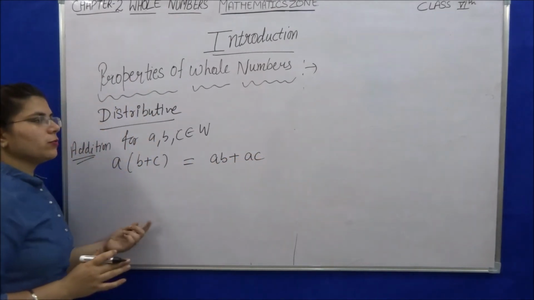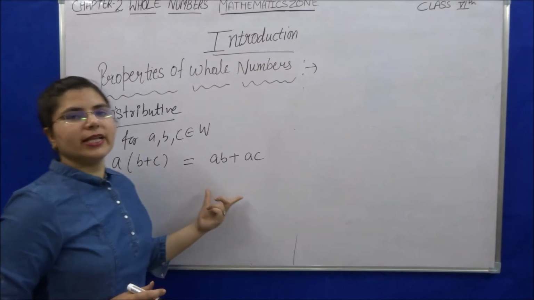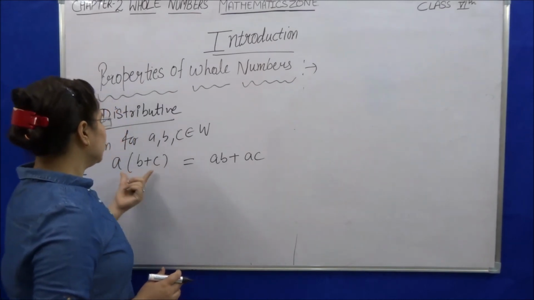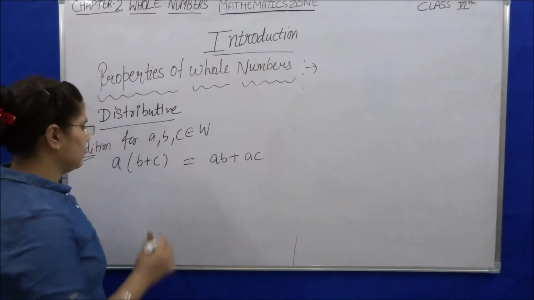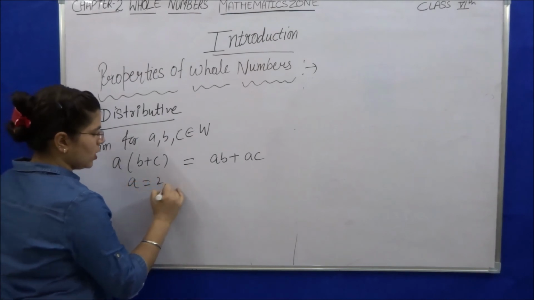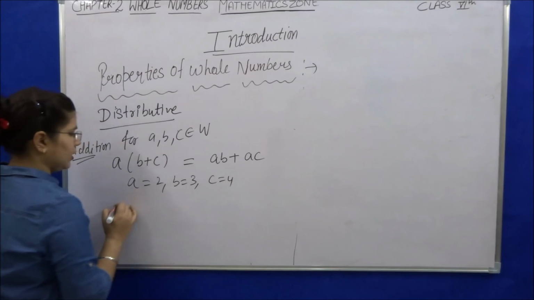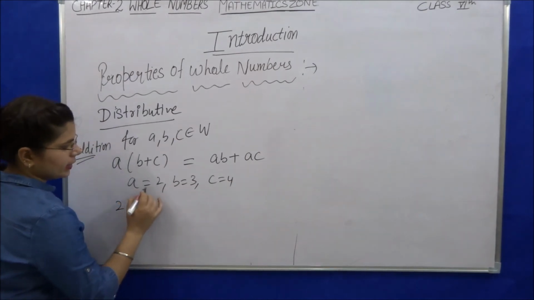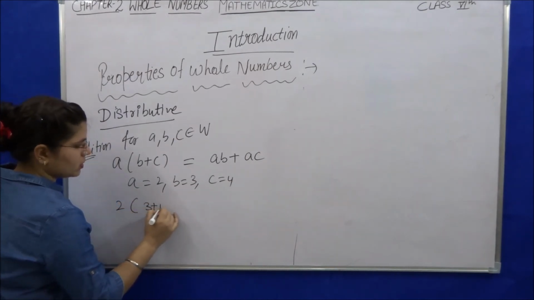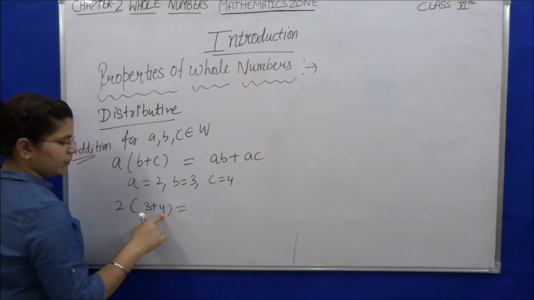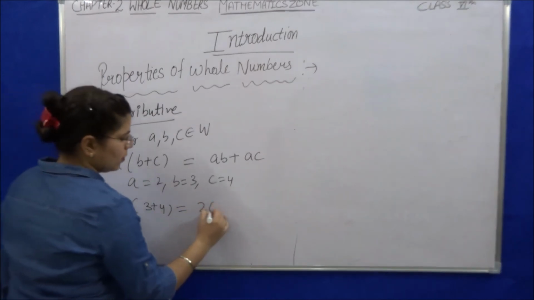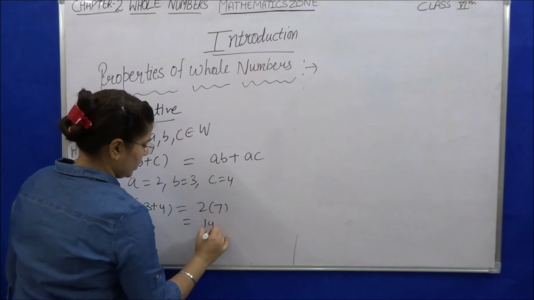If distributive holds under addition, then this property should hold. Now if A is 2, B is 3, C is 4, then 2 multiplied by B plus C, which is 3 plus 4, that is 7. So 2 multiplied by 7 is 14.